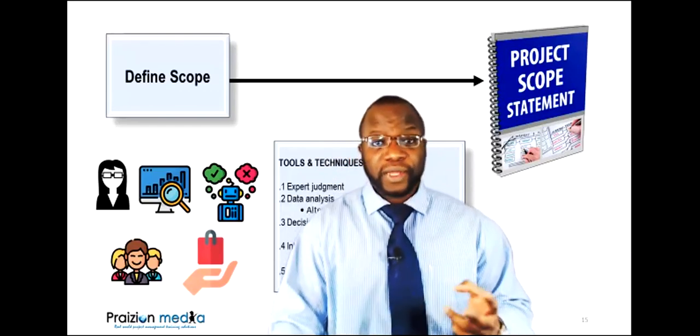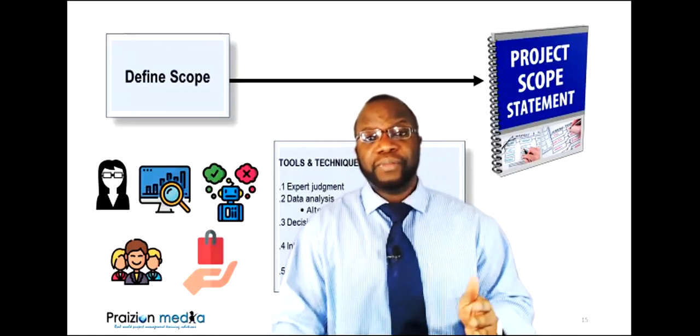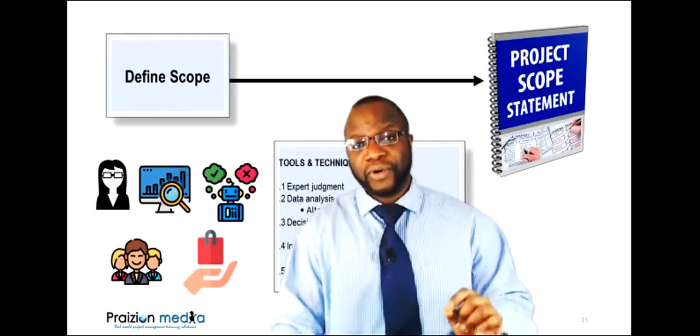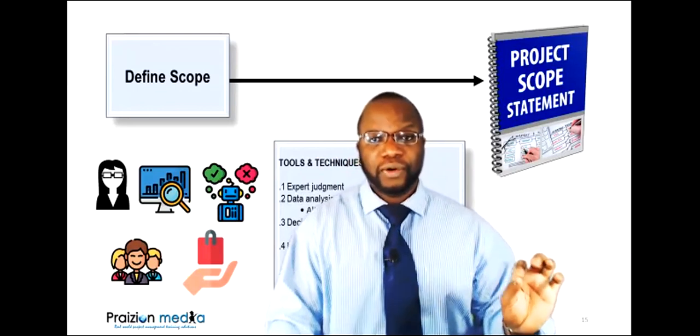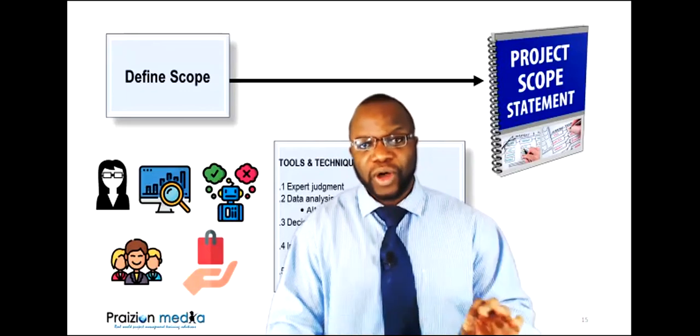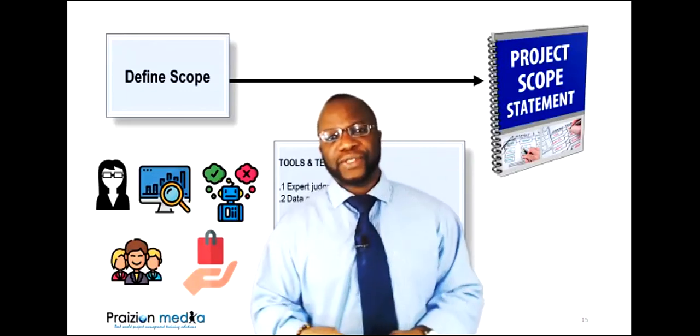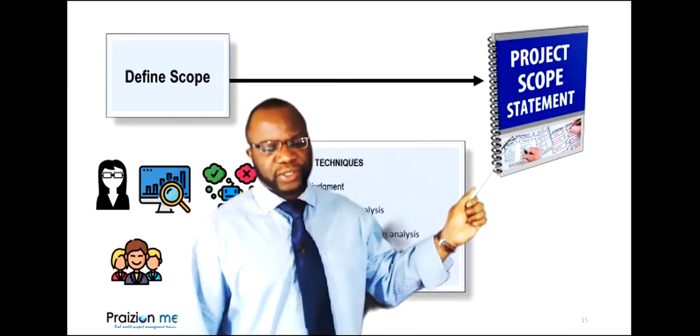Some team members are the opposite. They need help to know this is part of the project. Therefore, we need to do work package or work piece X or Y. So in define scope, my friends, we're going to get a project scope statement.